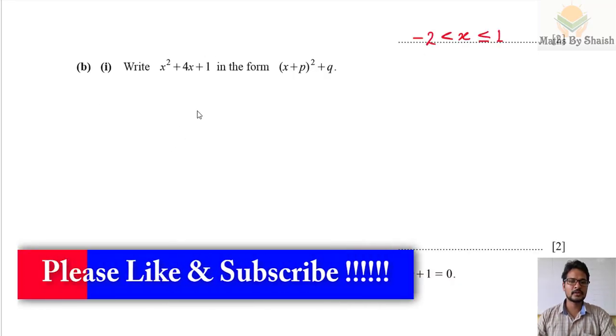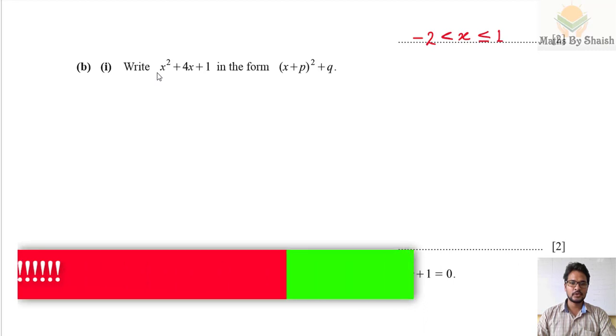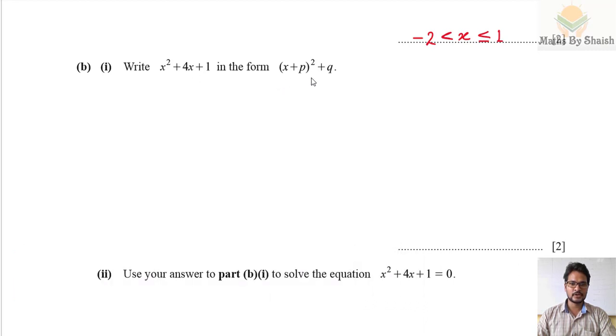Write x squared plus 4x plus 1 in the form (x + p) squared plus q. In order to complete the square, we use only these two terms, and it is written as x plus half of 4, that is 2, whole squared, minus the square of the same number we have taken half of, so 2 squared.